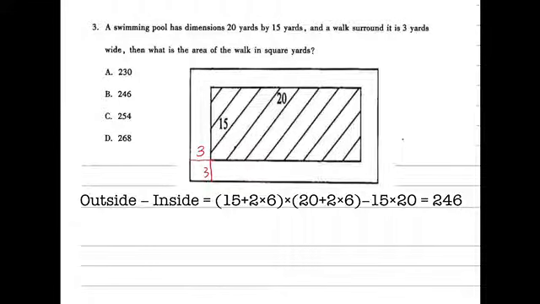The walk path is 3 yards wide, so if we add 3 yards to both sides, the large rectangle has sides 21 and 26 yards. So if we calculate it, it will be 21 times 26 minus 15 times 20, which equals 246. Answer B is correct.